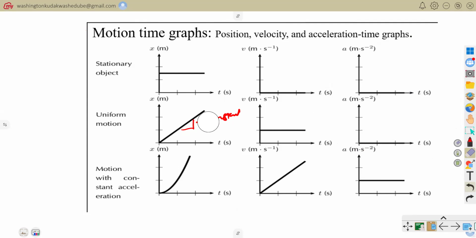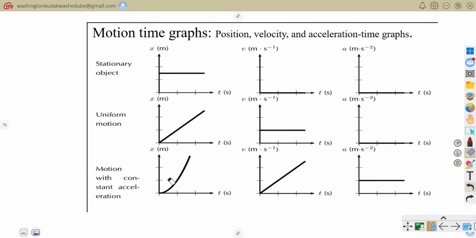And then when we are on motion with constant acceleration, this is where we say the position time graph has to have a smooth curve.